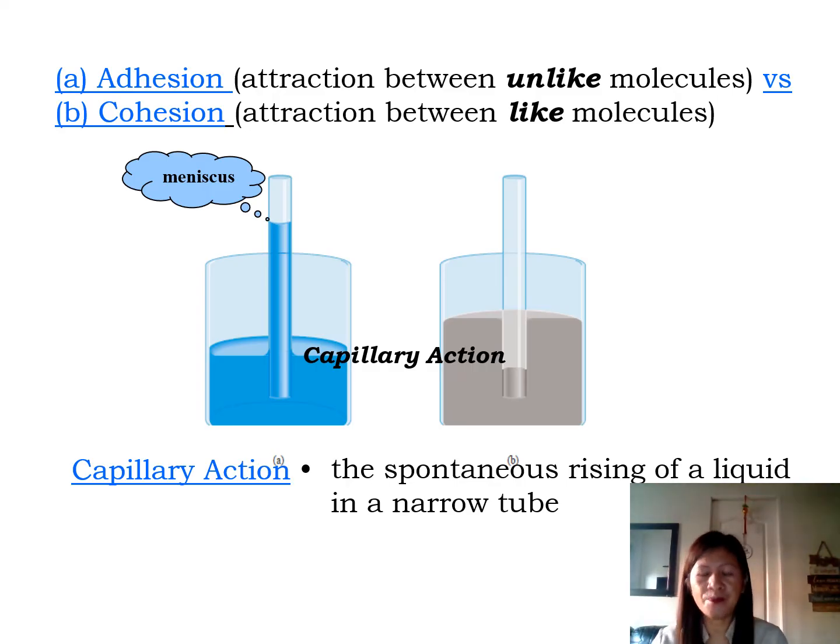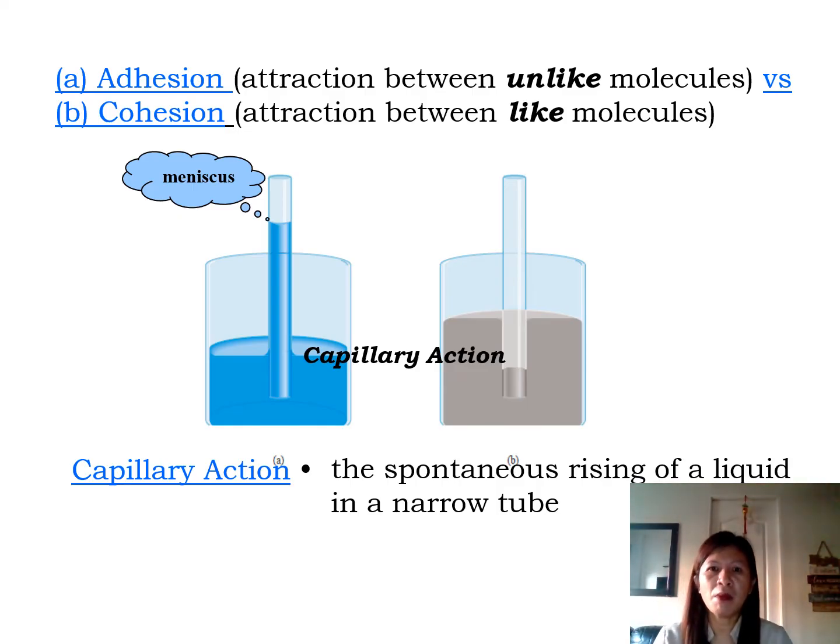On the other hand, between the particles of mercury, the cohesive force is stronger, the attraction between the mercury particles is stronger than the attraction between the glass and the mercury particles. So that's the reason why the meniscus forms convex.